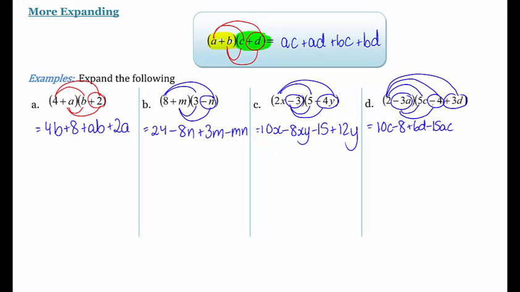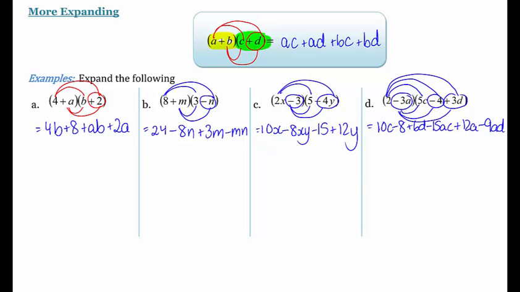Negative 3a times a negative 4 is going to be a positive because it's negative times a negative, 12a. Negative 3a times positive 3d. Negative times a positive is a negative. 3 times 3 is a 9, and we have ad.